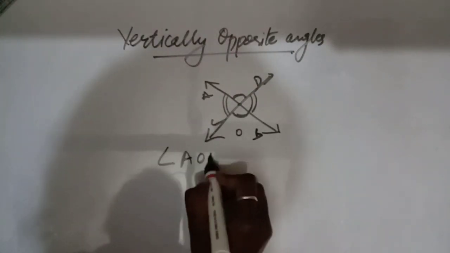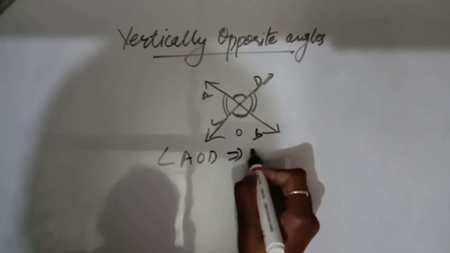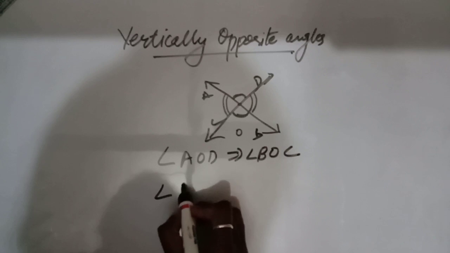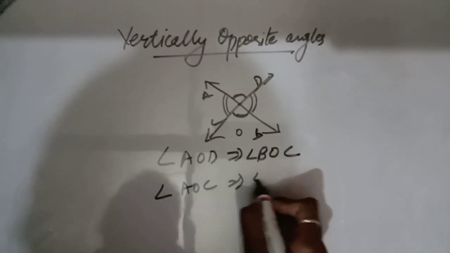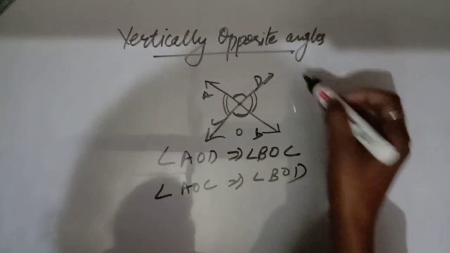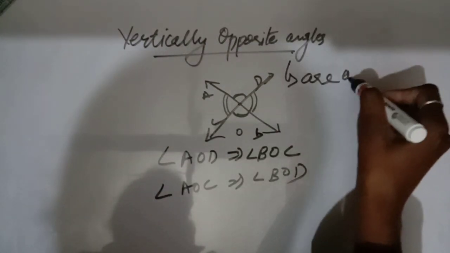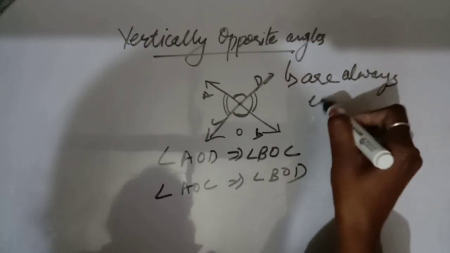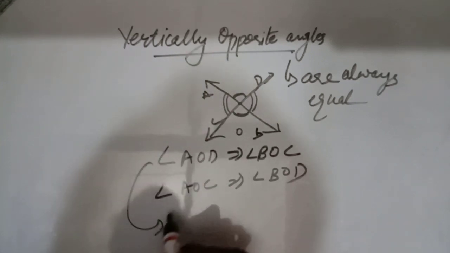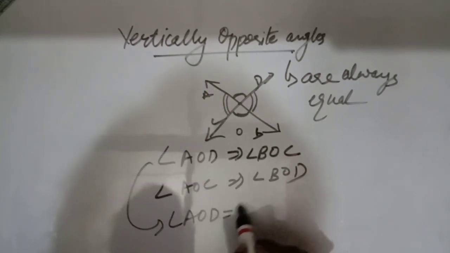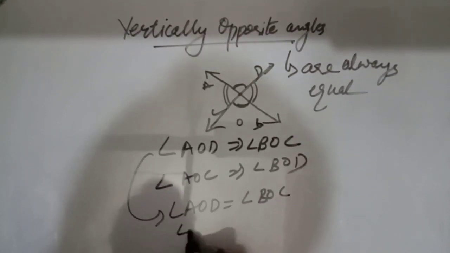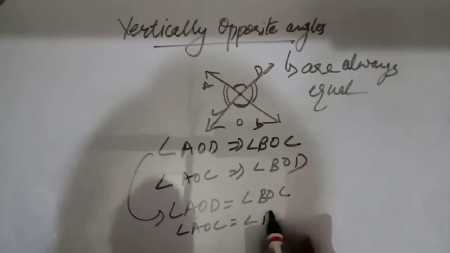Angle AOD is vertically opposite to angle BOC, and angle AOC is vertically opposite to angle BOD. Vertically opposite angles are always equal. That is, we can write it like this: angle AOD is equal to angle BOC, and angle AOC is equal to angle BOD.